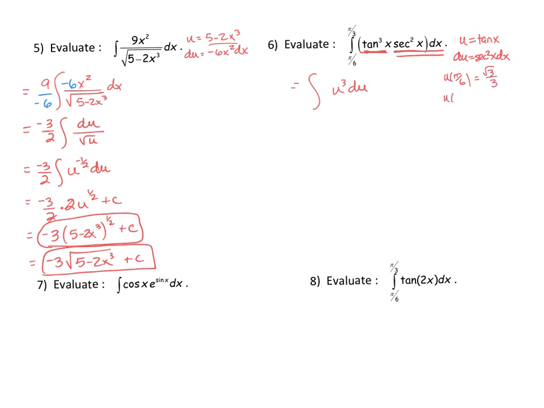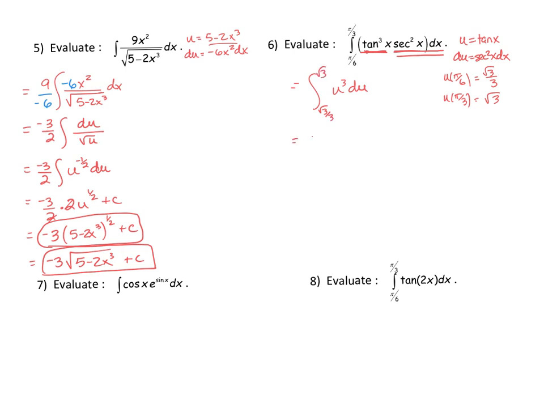Then u of pi over 3 means I will be plugging in pi over 3 for x. When x is pi over 3, the u value is the tangent of pi over 3, which is radical 3. So our bounds are now radical 3 over 3 to positive radical 3.